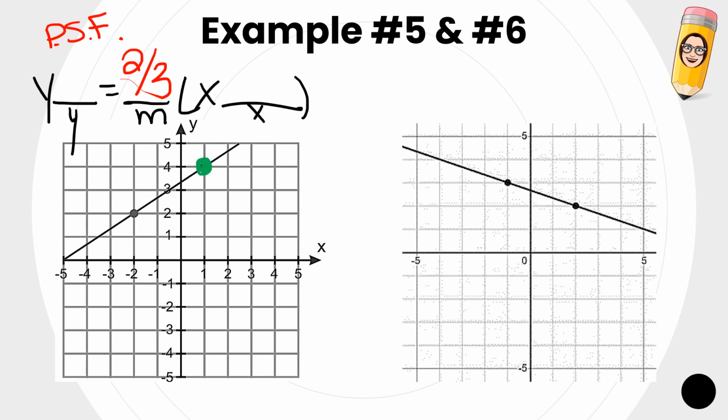You could choose this dot, or you could choose this dot, or you could choose this. It's a perfect intersection. You could use any of those, meaning you and your neighbors could have different answers and still be correct. For the sake of being consistent, I'm going to say let's pick the green dot.